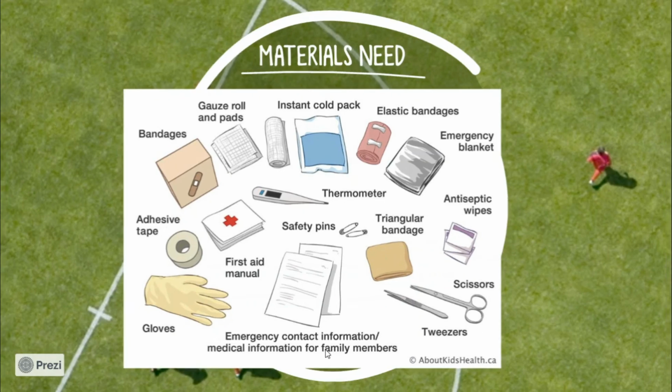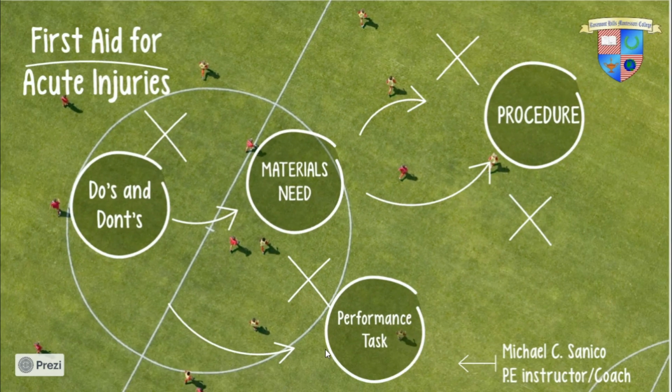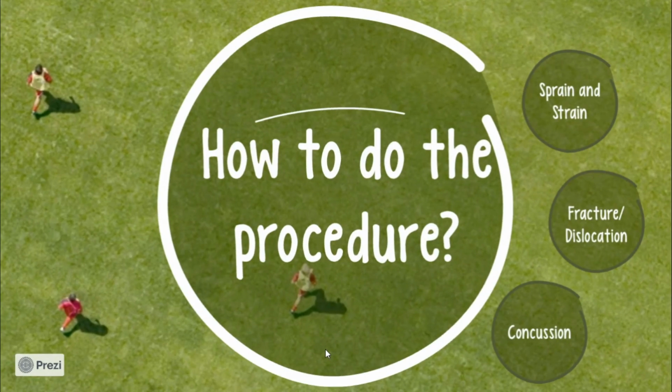Okay, so now we are going to go on how to do the procedure. Okay, so first, what are the procedures if ever a person suffers from sprain and strain.